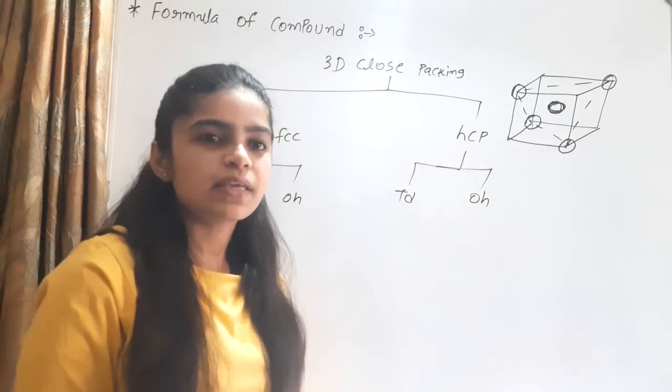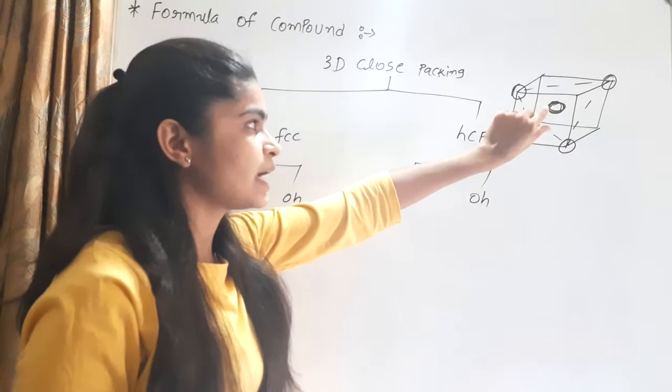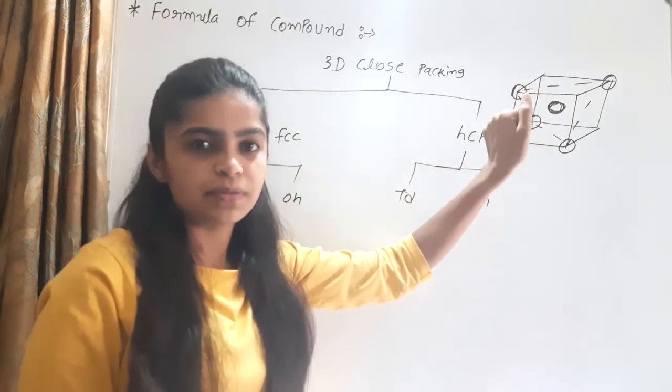So we can say that in the unit cell, four alternate corners attach to each other and give the tetrahedral void.